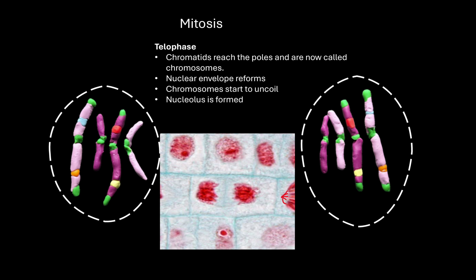However, it is a very smooth process that happens. So sometimes when you're looking at some of the microscope slides, the cell might not quite be fully in telophase. It might be early telophase and late anaphase, or it could be late prophase and early metaphase. So it's important that when you're looking for distinguishing features, you note: can you see a nucleus?